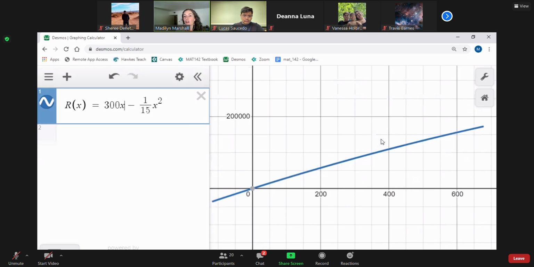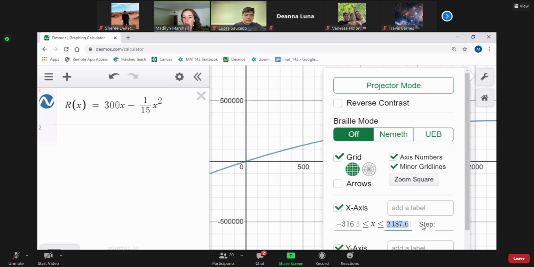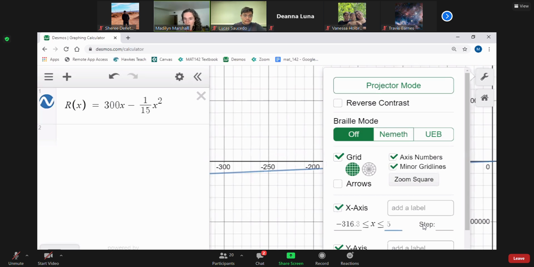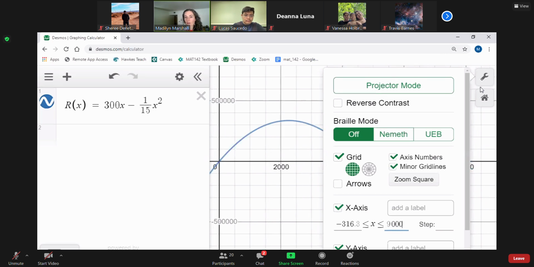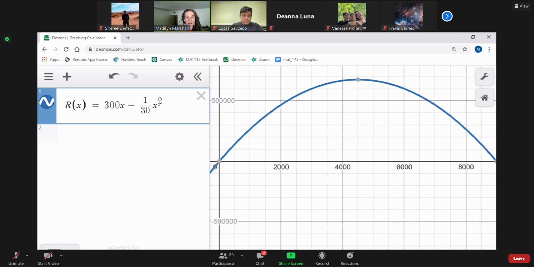So our revenue function is, let me increase my x, a parabola. Oh, this should be 30, shouldn't it? I am mixing up the marginal revenue and the actual revenue. There we go. So our revenue function, so this is not marginal revenue, this is just revenue, is a parabola.